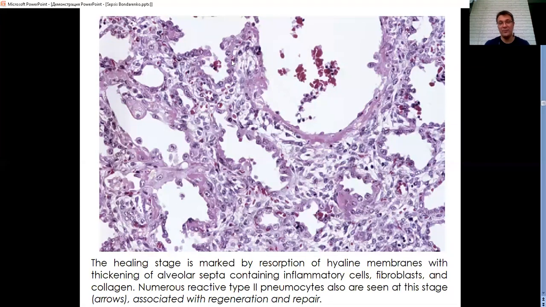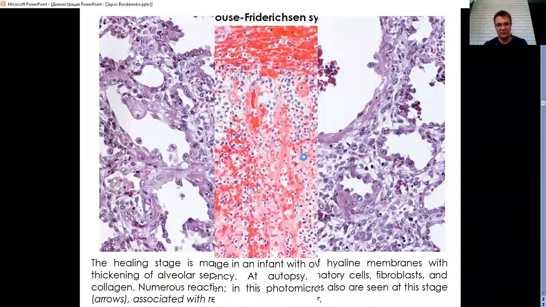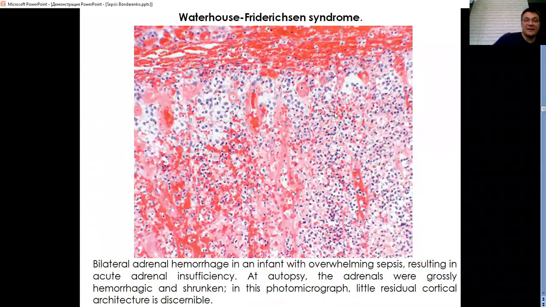So there is the hope that this patient could be healed after all. But in this case, since we got the post-mortem section, it didn't happen, unfortunately. That's always the respiratory distress syndrome.